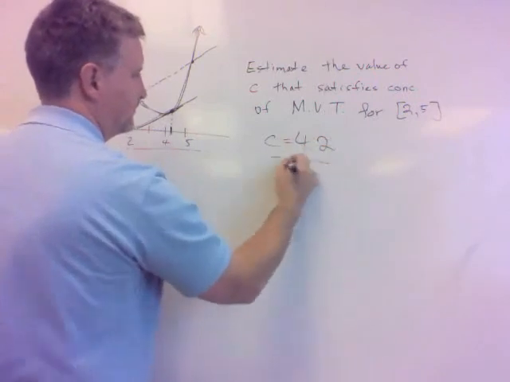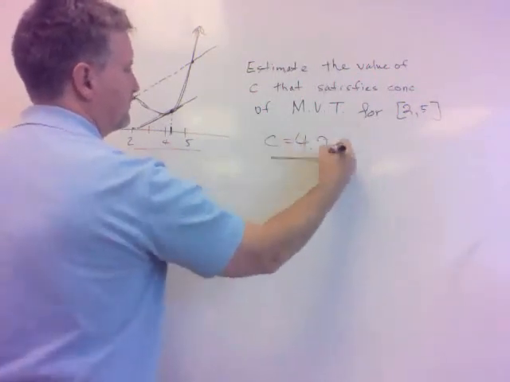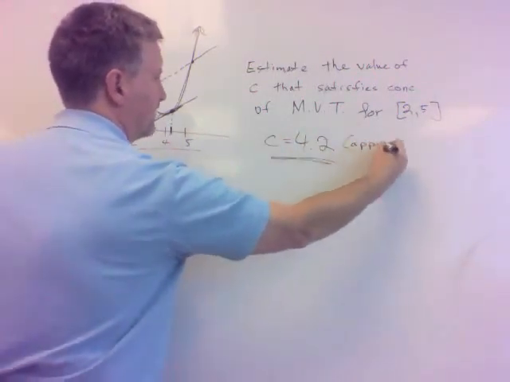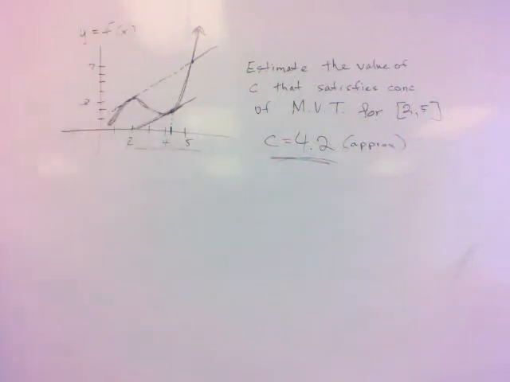It's an estimate, so yours may look something different, but it's definitely somewhere between 4 and 5, and I'd say it's less than 4.5 also by my drawing. Okay? Is that okay?